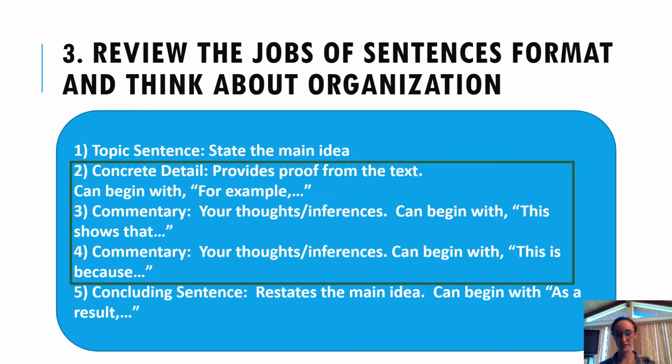We call this a chunk. That thing in the box is called a chunk. So that's concrete detail, commentary, and commentary. And for the purposes of this assignment, for our compare and contrast paragraph, we're going to take this chunk and we're going to double it. So times 2.